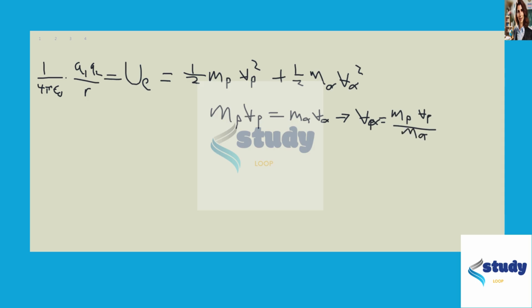And as we saw before, the mass of the alpha particle divided by the mass of the proton is 4. So this is just velocity of the proton divided by 4. Okay, so now we can plug in for velocity of the alpha particle up in this top equation. I'm just going to copy the right part. This left term is going to stay the same.